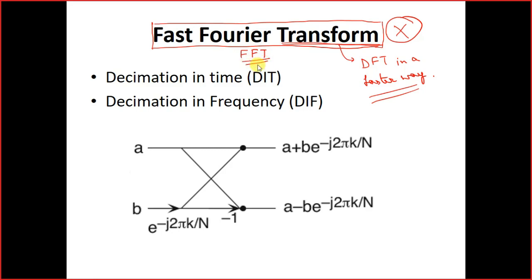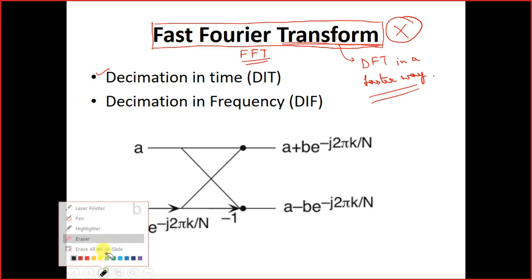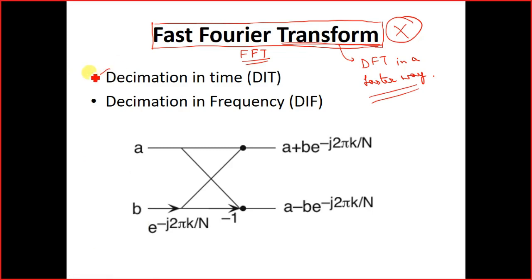The FFT can be implemented in two ways. The first one is decimation in time, and the second one is decimation in frequency.